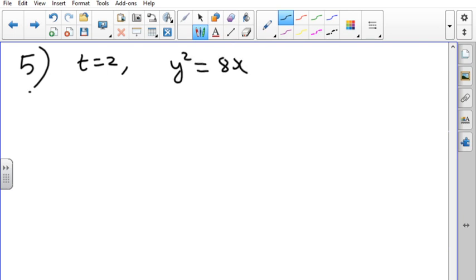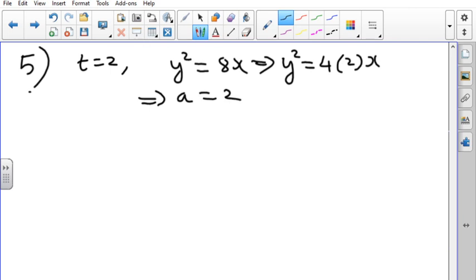It's given as use parametric form. Here a hint is given, but in your exam the hint will not be given. You should know it. Now this parabola is of the form y square is equal to 4ax. So y square is equal to 4 into 2 into x. So from this we have a is equal to 2.